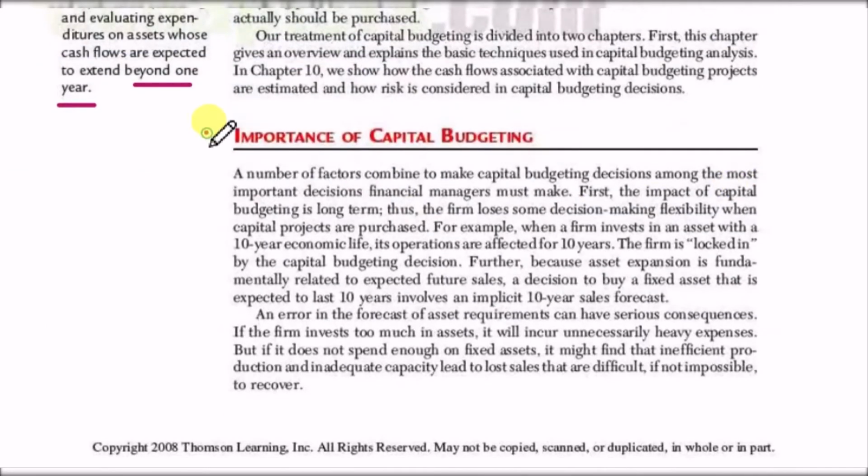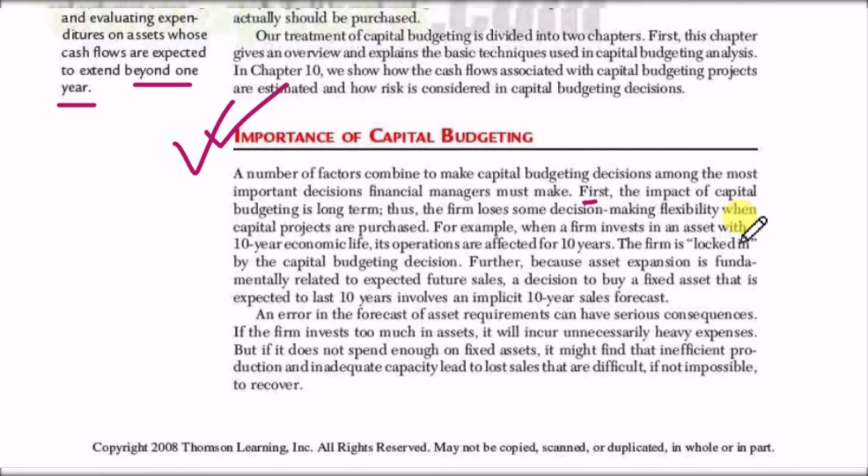So the importance of capital budgeting: why is it important in our day-to-day life? A number of factors combine to make capital budgeting decisions among the most important decisions financial managers must make. First, the impact of capital budgeting is long term.